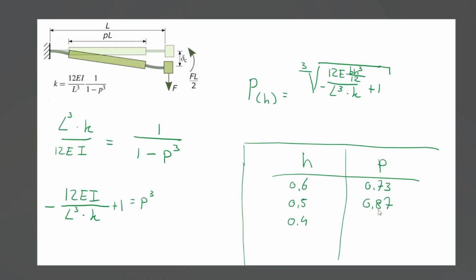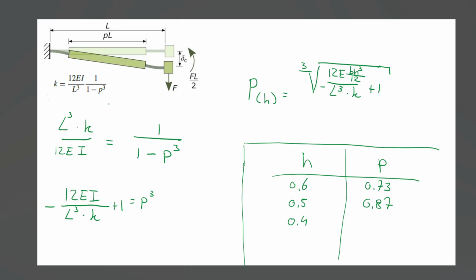We say the third square root, let me just write it down again, of 12 times 210 times AB, then we have the 30 times h to the third, so let's say 0.6 to the third over, and sorry, in the meantime I'm putting this in a calculator, so my apologies, over 12, and then we have L to the third, which is 100 to the third, times K, which is 2.25, we figured it out earlier, plus 1.